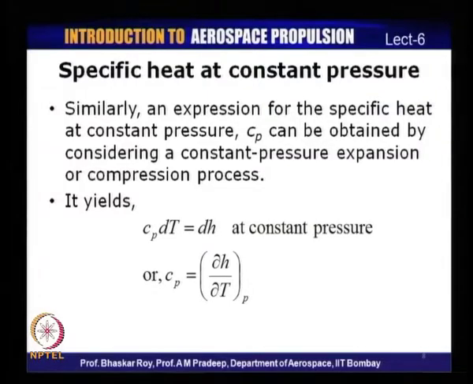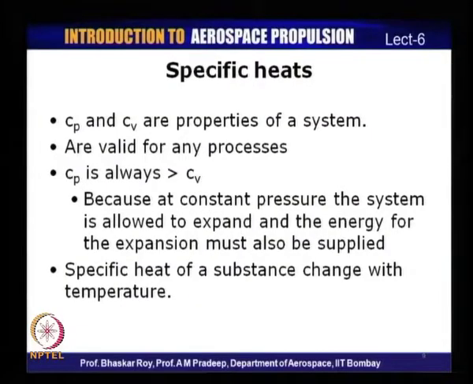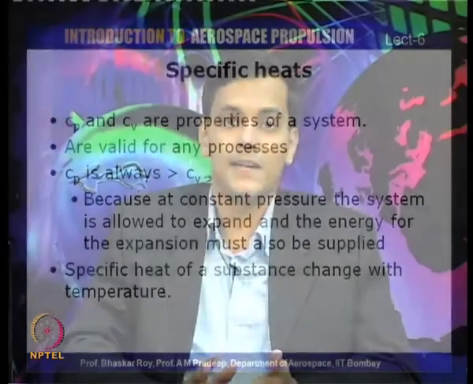Specific heat at constant volume is a function of two other properties of a system, the internal energy U and the temperature T. And since both of these depend on properties of the system, it is obvious that C P and C V have to be properties of a system. They are properties of a system because they depend on other properties of a particular system.